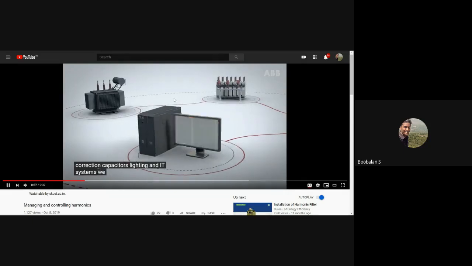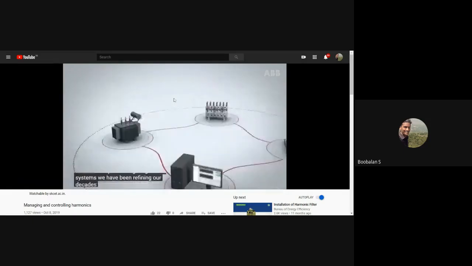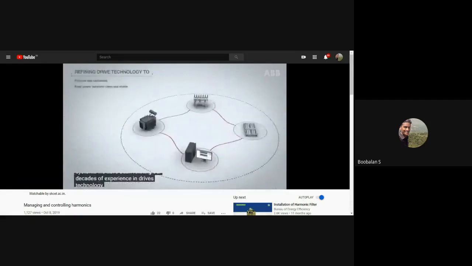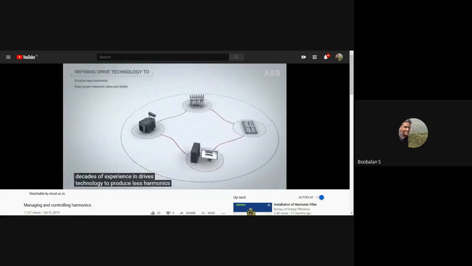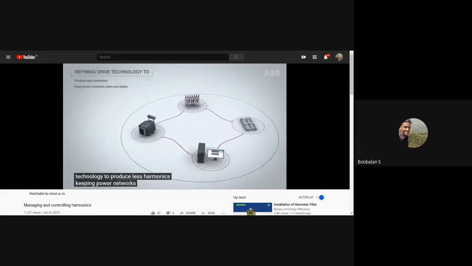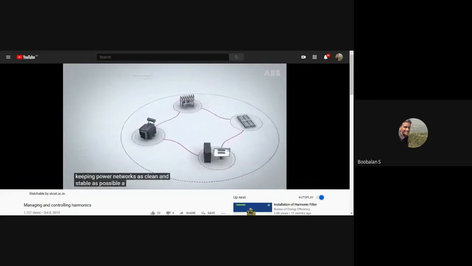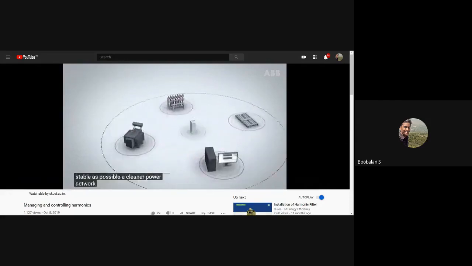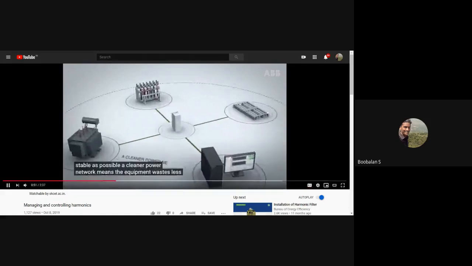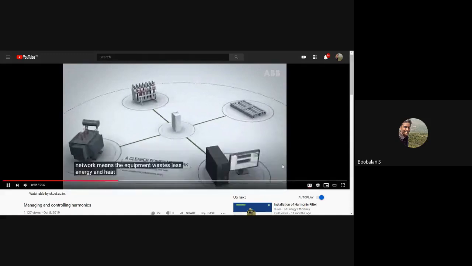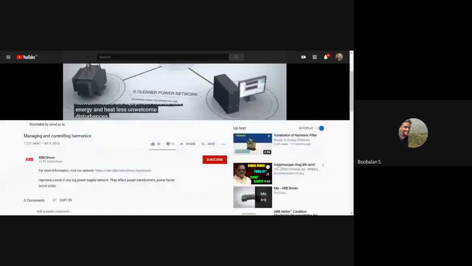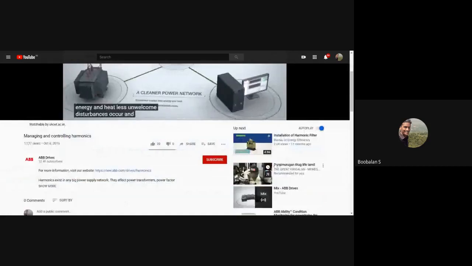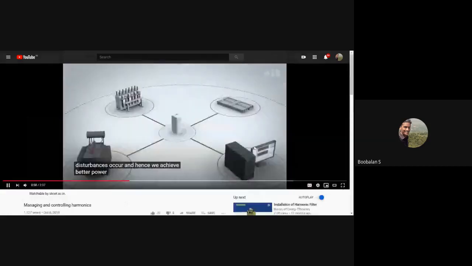Systems. We have been refining our decades of experience in drives technology to produce less harmonics, keeping power networks as clean and stable as possible. A cleaner power network means the equipment wastes less energy and heat, less unwelcome disturbances occur, and hence we achieve better power and productivity overall.